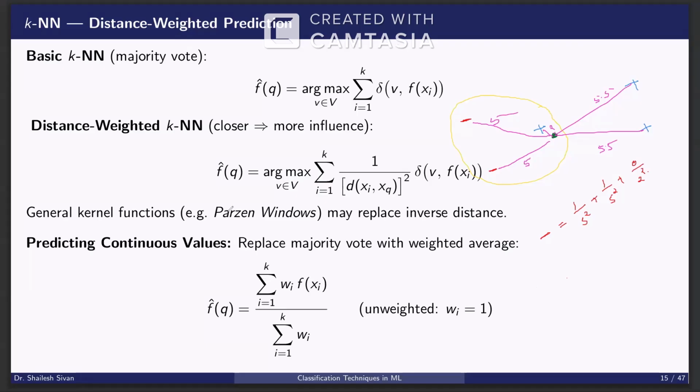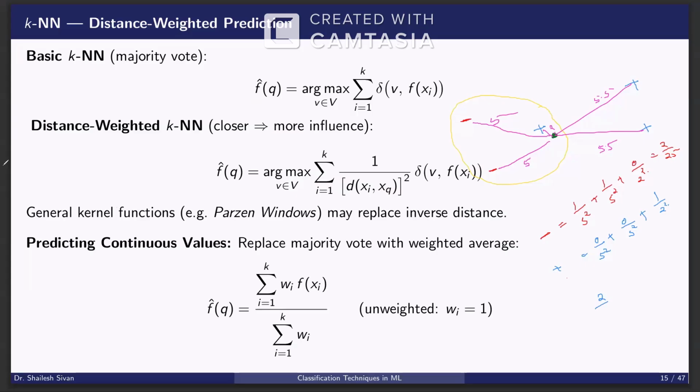And for plus, it is 1 by 5 square plus 1 by 5 square plus 1 by 2 square. So what will it be? Just 2 by 25 for the first one, right? Yes, 2 by 25 will be the first one.